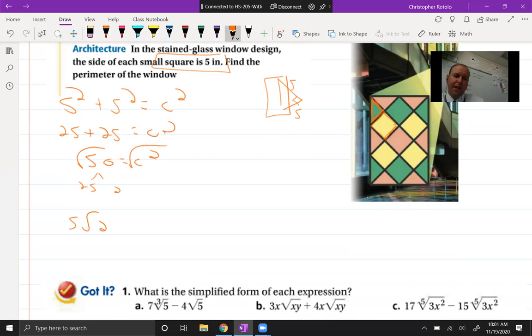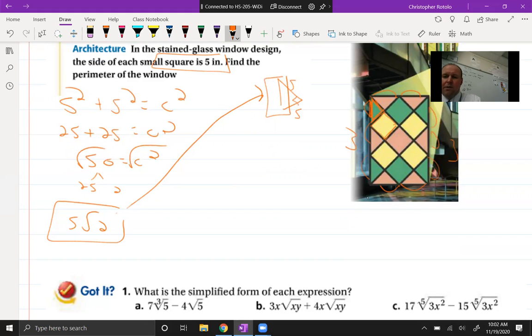So that means what I have is this side right here is going to be 5 square root 2. Well, how many of those do I have? Well, up top I have 1, 2. On the bottom I have 1, 2. On the side I have 1, 2, 3. 1, 2, 3.